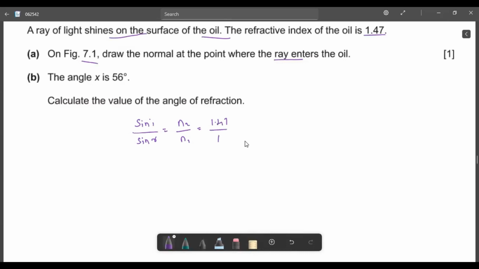So sin i by sin r is equal to 1.47. We need to find the angle of refraction. Rearranging this equation, sin r is equal to sin i by 1.47.